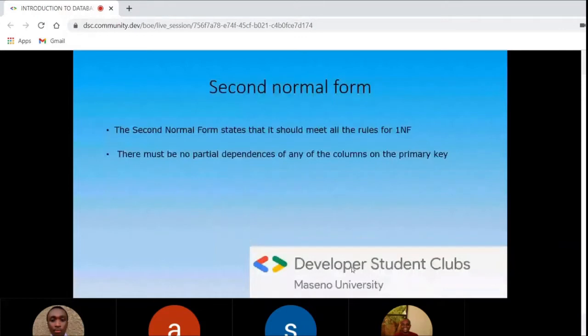So the second normal form says that the database should meet all the rules of the first normal form, as from the previous slide. And also there must be no partial dependencies of any of the columns on the primary key.